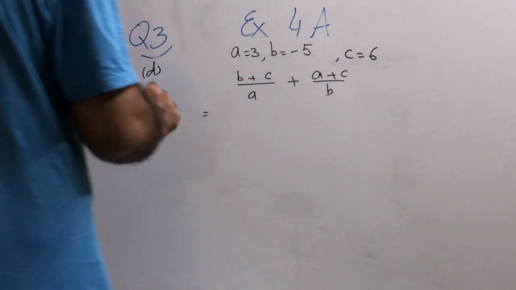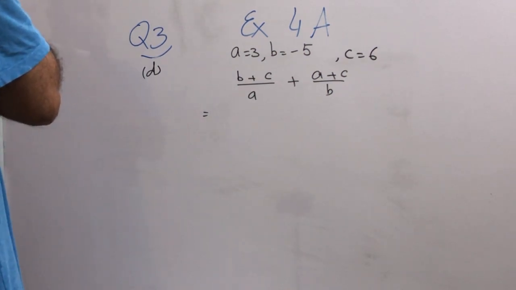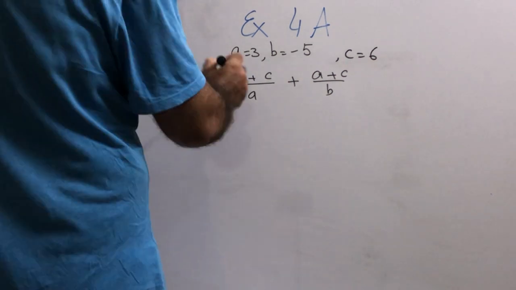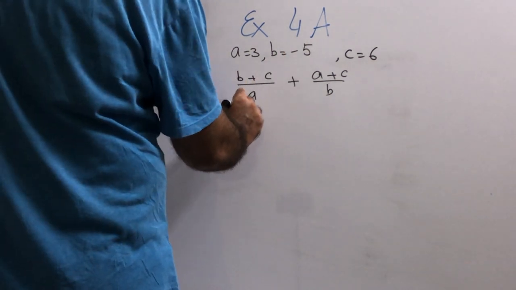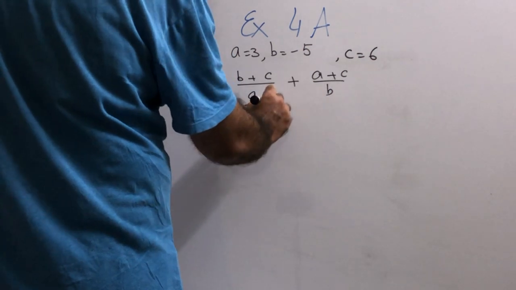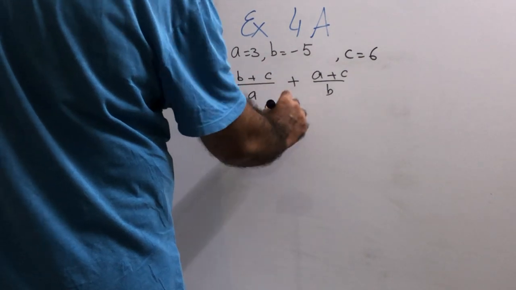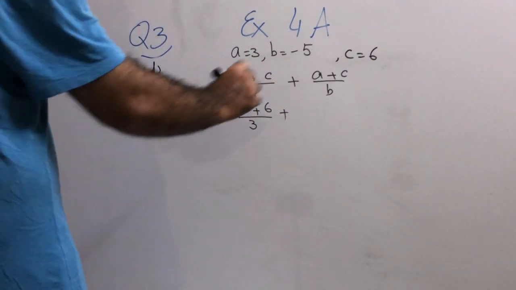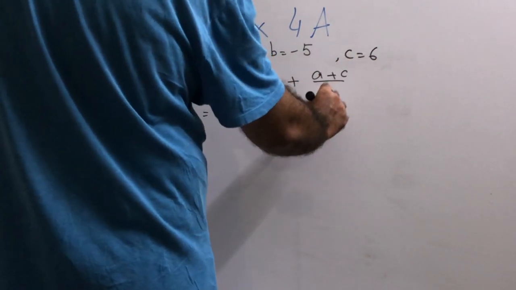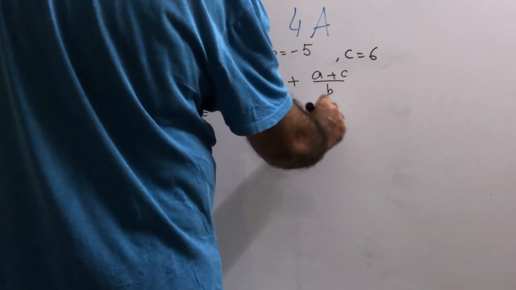We'll start the first step by putting an equal sign in the beginning on the left side. Now we need to plug in the values of A, B, C. B is minus 5, put minus 5, plus C is 6, A is 3, plus A we have 3, C we have 6, B we have minus 5.